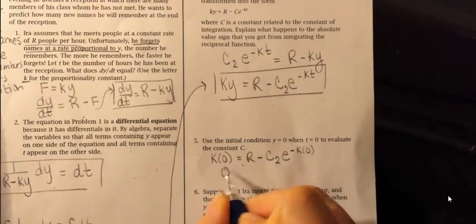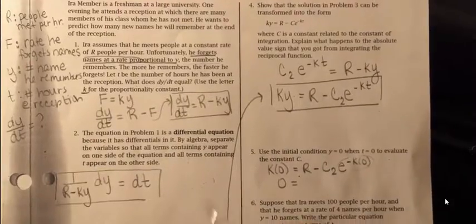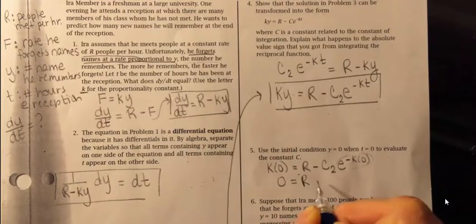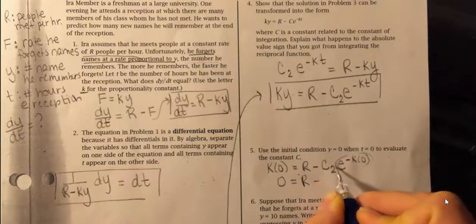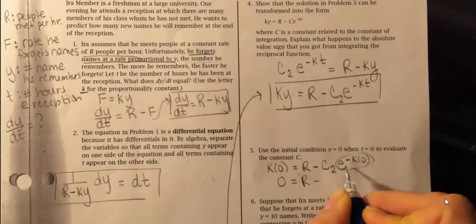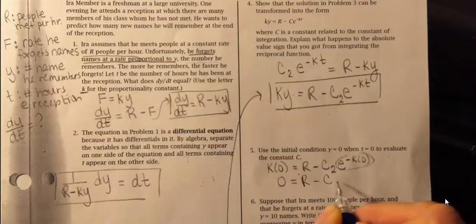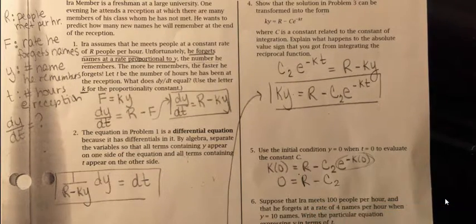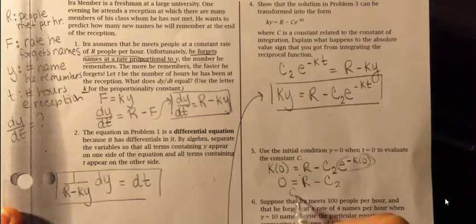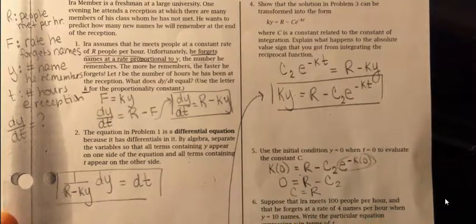So I get 0 equals r minus, and this piece right here, well, that's e to the 0, which is really just 1, so minus c, or our constant, whatever our constant is. So that basically tells me that my constant is going to equal r.